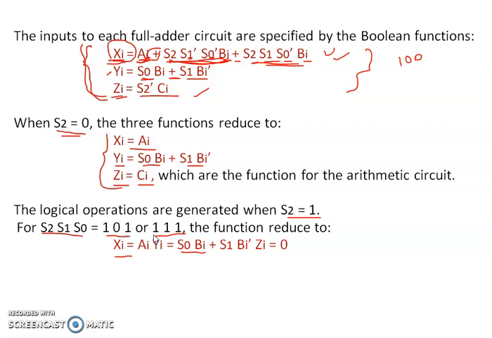So here you make the change like this: Xi is equal to Ai, that is one function. Then Yi is equal to S0 Bi, S1 Bi complement, that is the second function. And Zi is equal to 0.